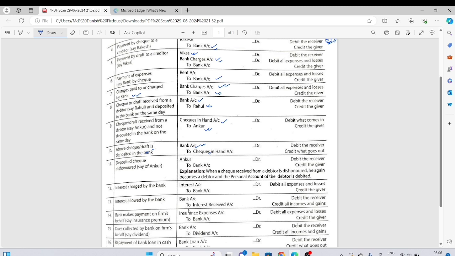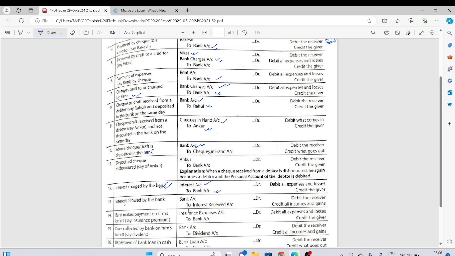Now, if any interest amount is charged by the bank, this interest is an expense for your business. So as you know, debit all expenses and losses. So interest account debit to bank account, because the bank will be credit here.